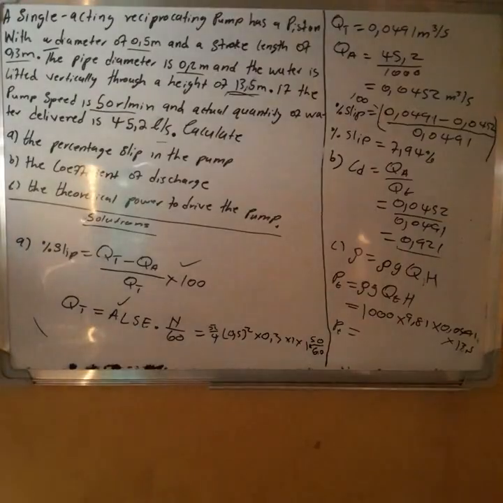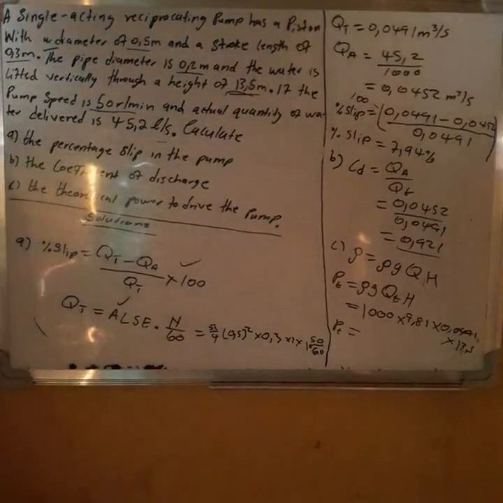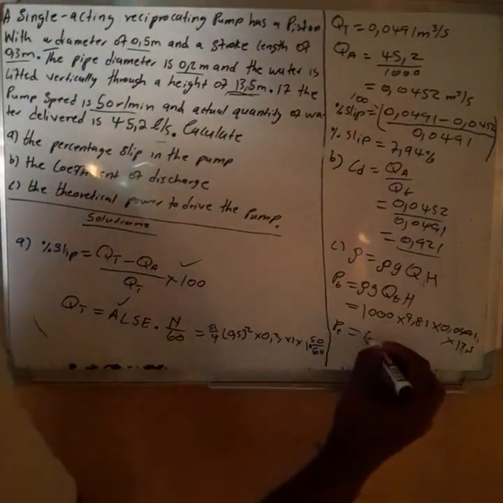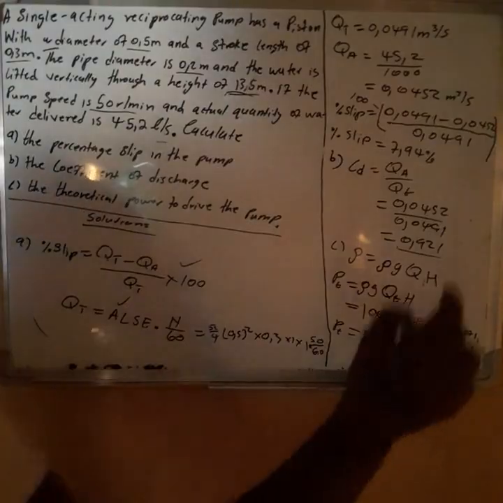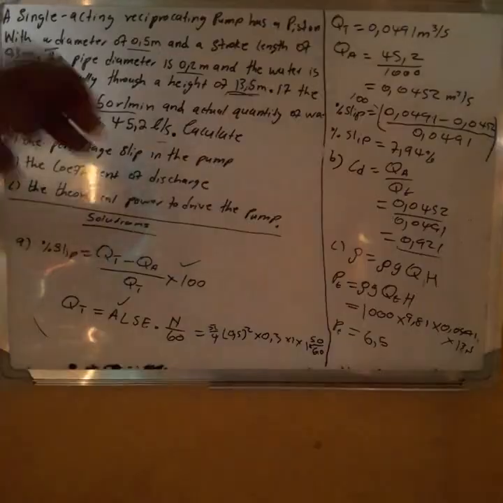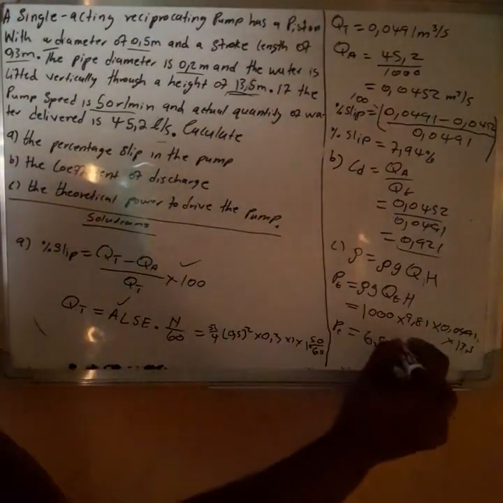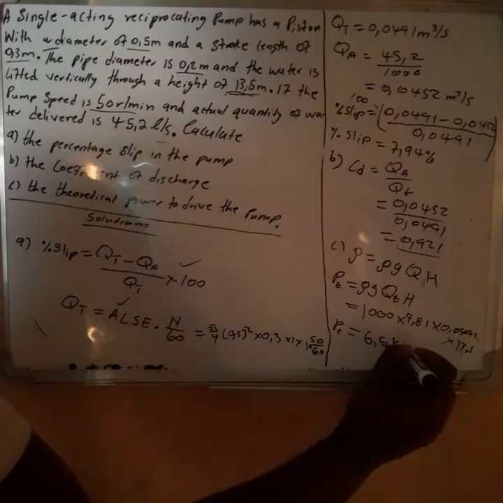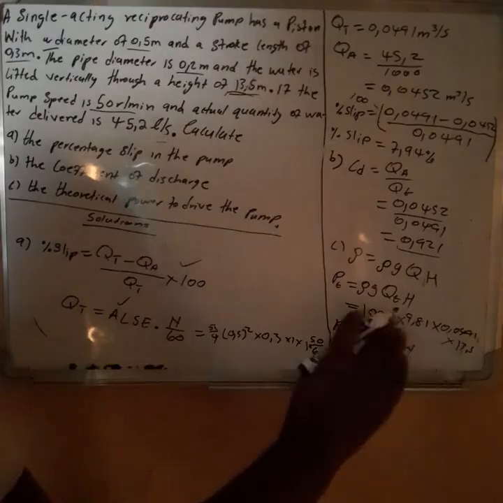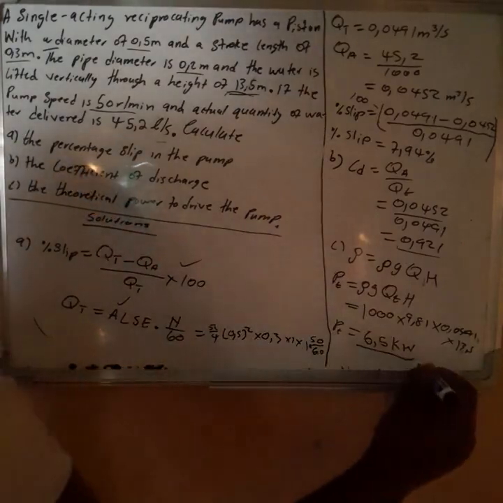You must obtain those watts, which will be 6,5... Then you divide the answer by 1,000 so that it will be in kilowatts. You multiply all of these, then after you divide by 1,000, it will be in kilowatts.